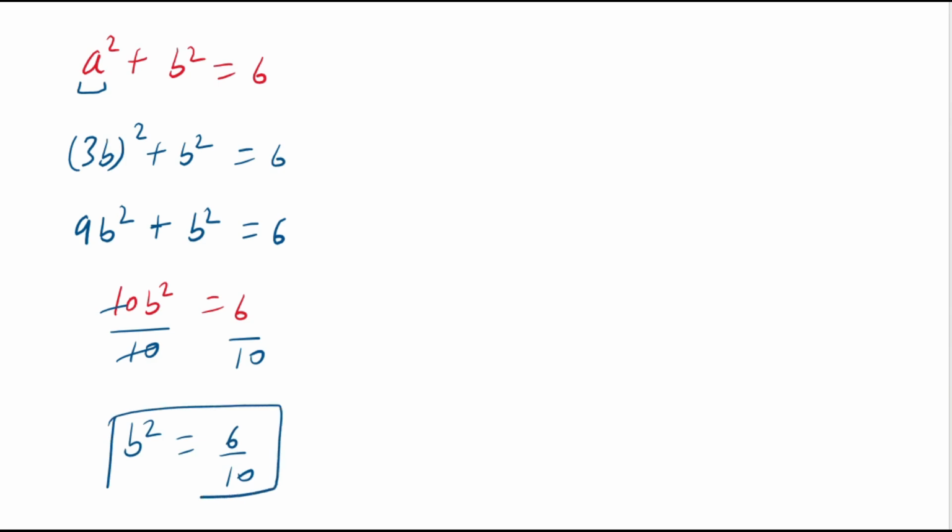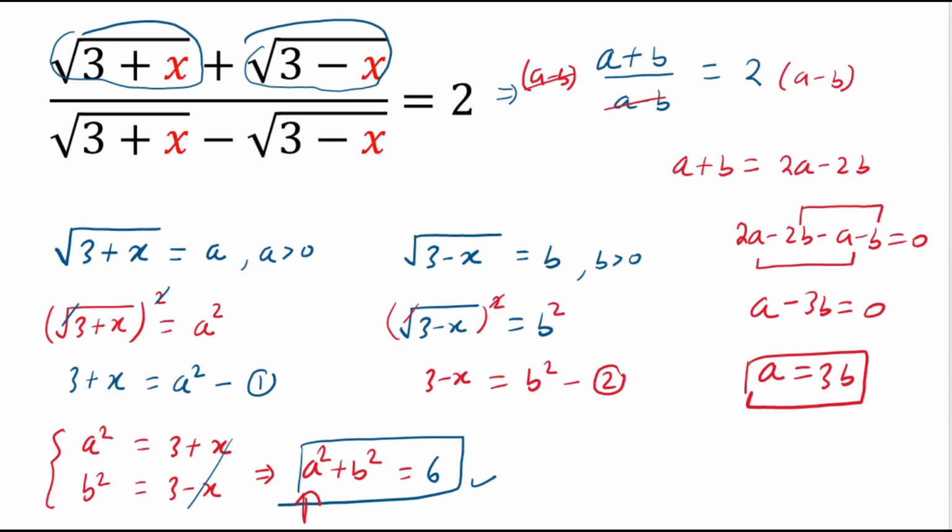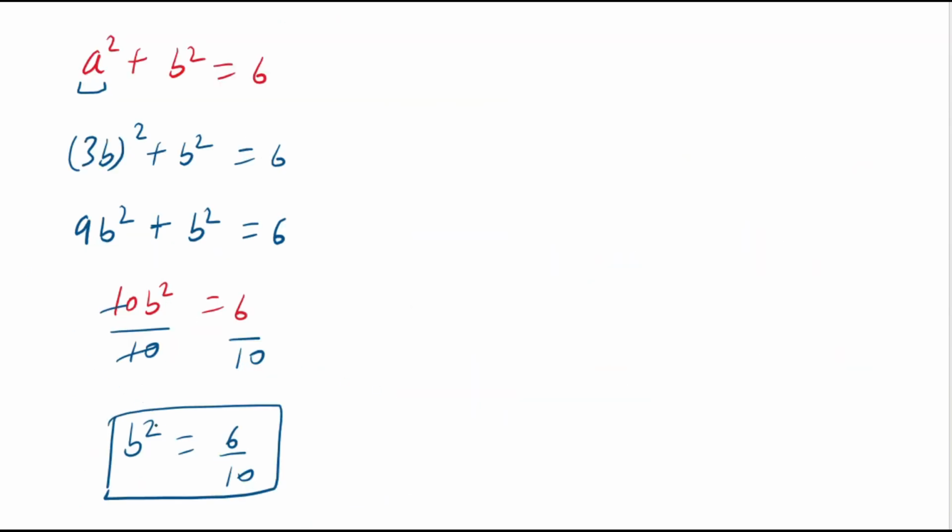Here b² = 6 over 10, and we know that the value of b² is 3 − x. Look carefully, b² is 3 − x, so this b² is replaced by 3 − x, then 3 − x = 6 over 10.